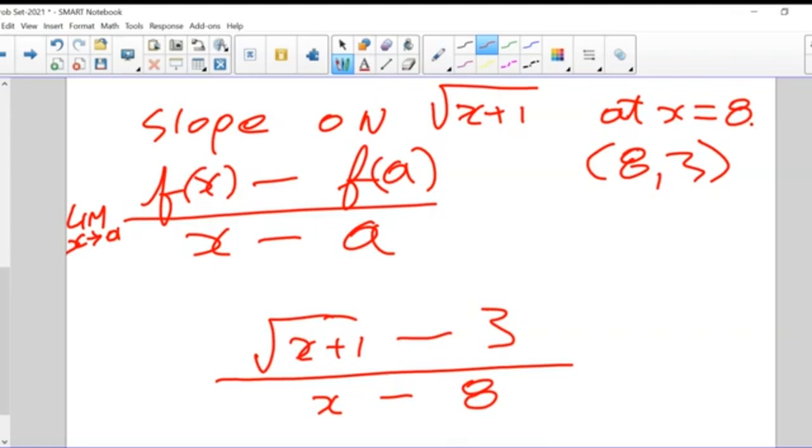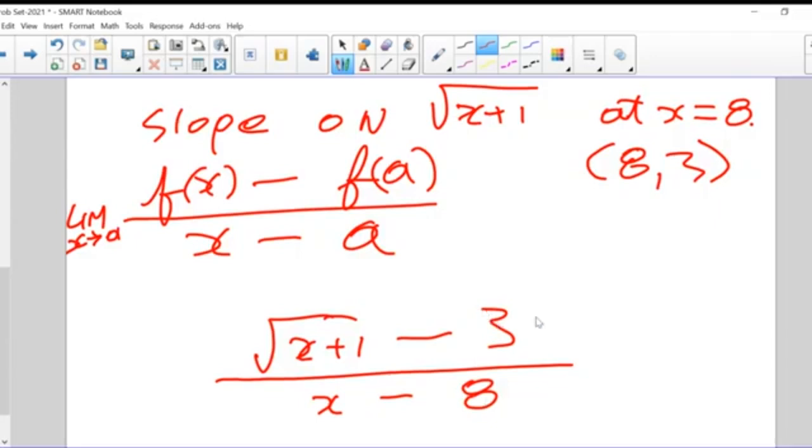Okay, so based on what we just did, I'm going to erase all of this now. So we put the function itself, minus the value of the function at 8, so that's 3, over just generic x, which is the x value, minus the x value that gave us that 3.